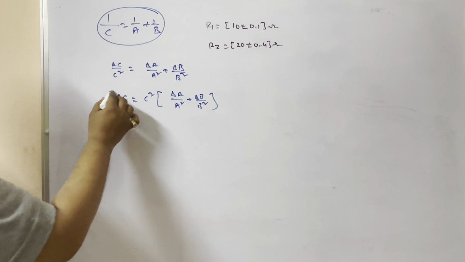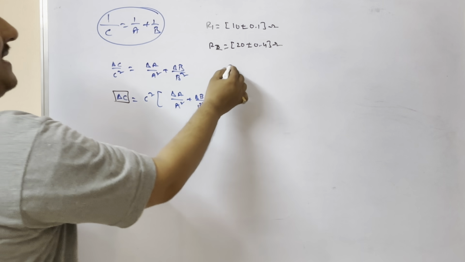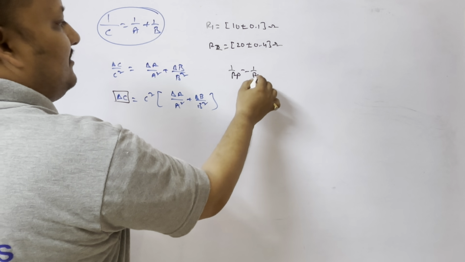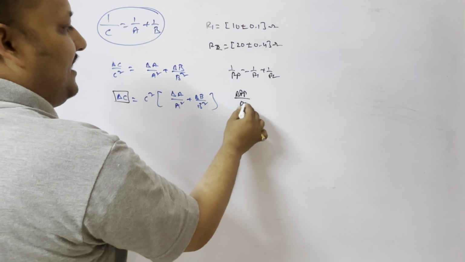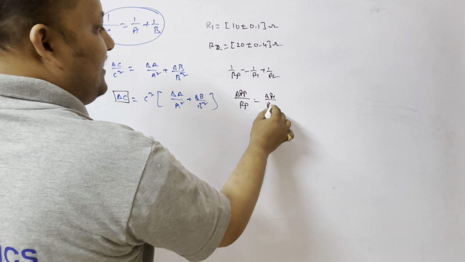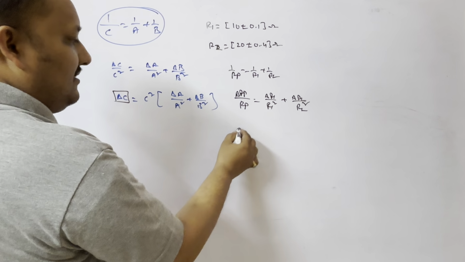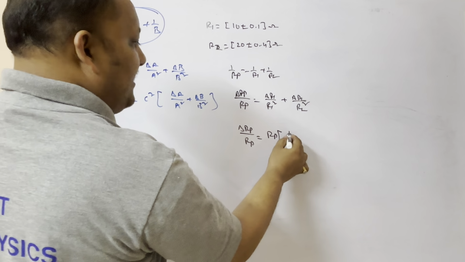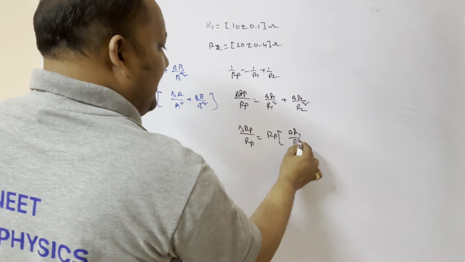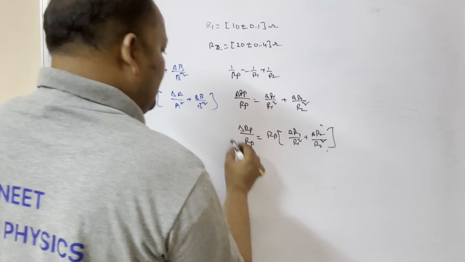At the time, how to find when two resistors are connected in parallel, 1 by Rp is equal to 1 by R1 plus 1 by R2. So delta Rp by Rp square is equal to delta R1 by R1 square plus delta R2 by R2 square. So relative error if they ask, delta Rp by Rp, so Rp into delta R1 by R1 square plus delta R2 by R2 square.